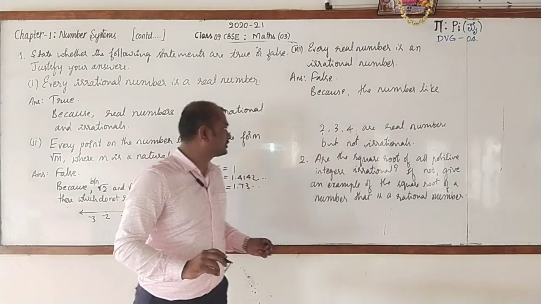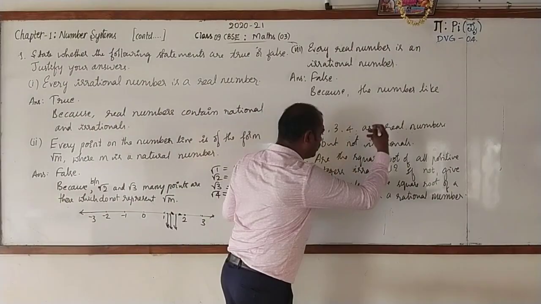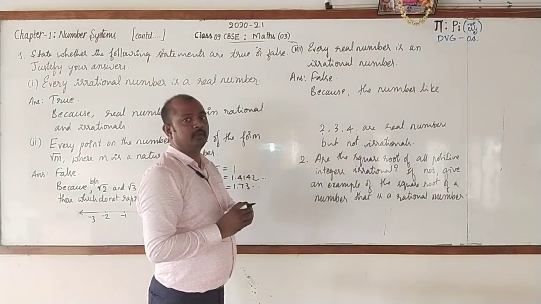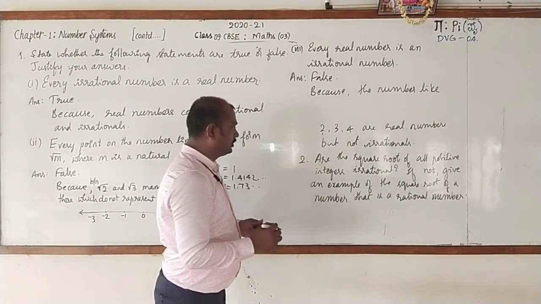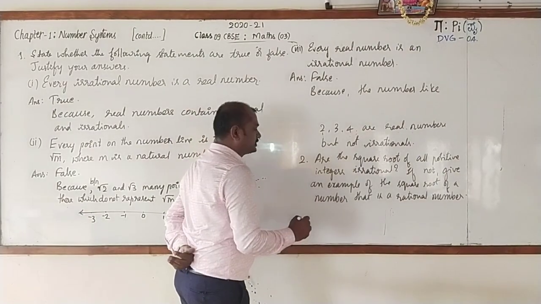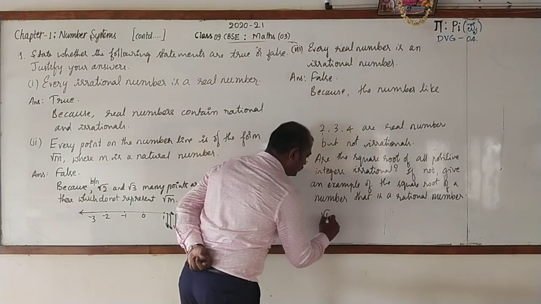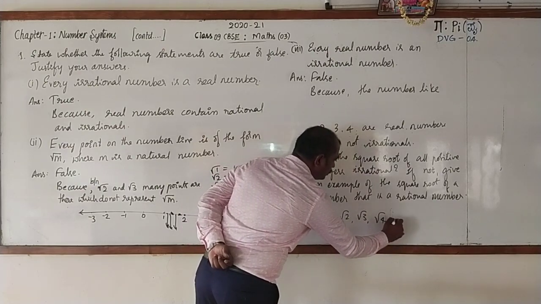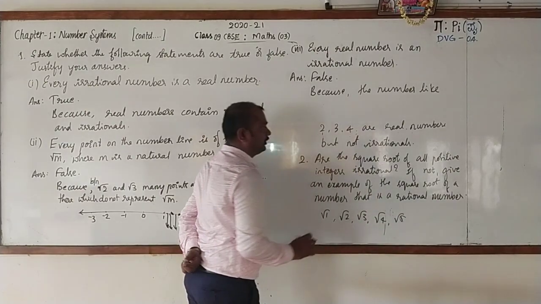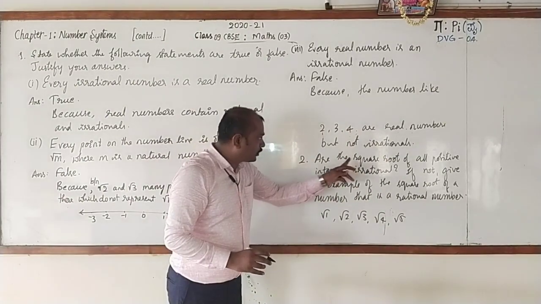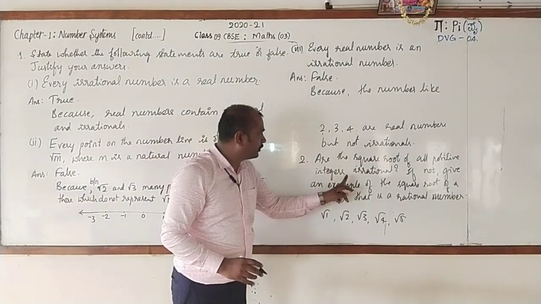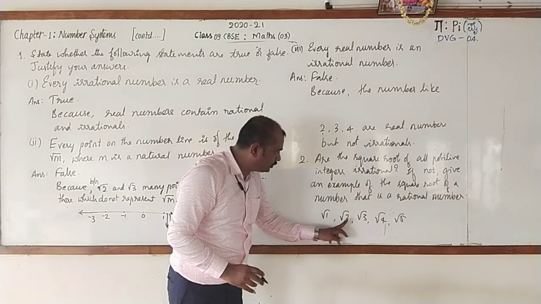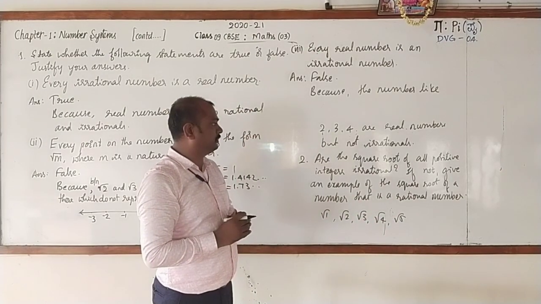Just go through the given statement: are the square root of all positive integers irrational? Some of the positive integers like root 1, root 2, root 3, root 4, root 5 and so on, square root of 1, 2, 3, 4 and 5, they are all positive integers.